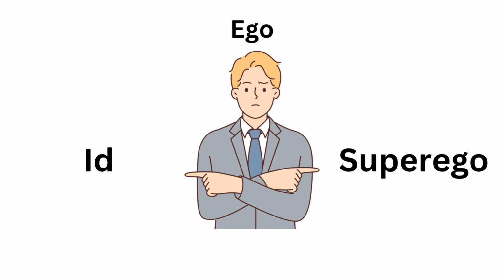We can consider that id is the devil one and superego is the wise one. You can imagine a man, on one side is a demon and on the other side is a wise person, an angel. So the angel is superego. It always thinks about morality.